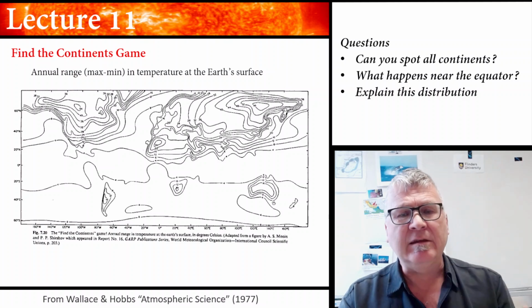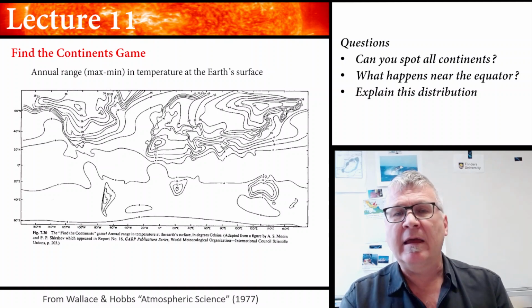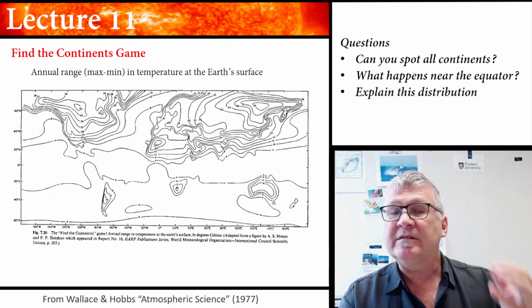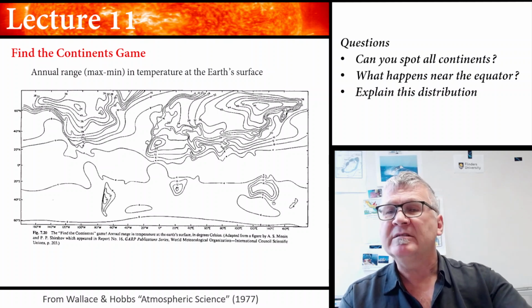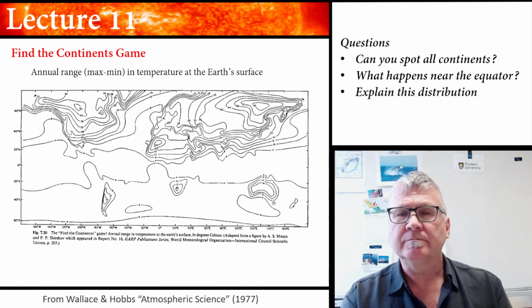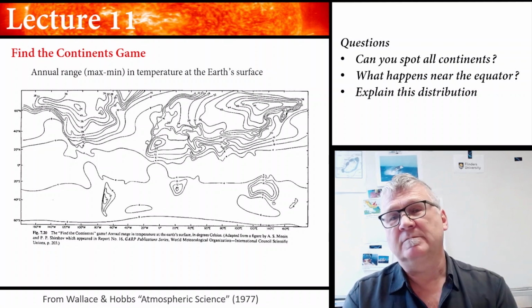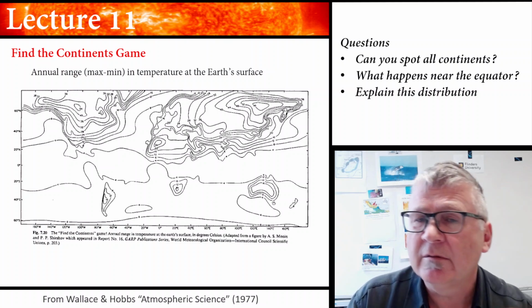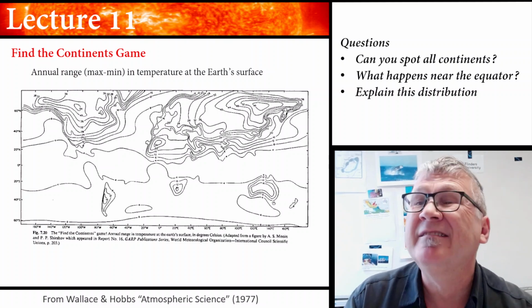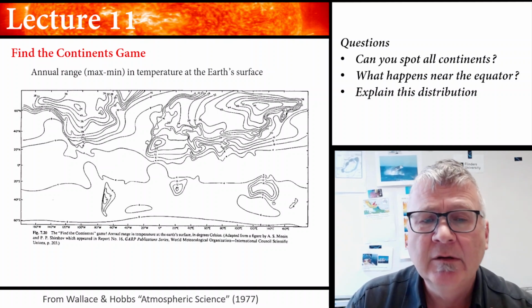What is the annual range? Annual range is the maximum minus the minimum temperature. It's the summertime minus the wintertime temperatures, if you like.